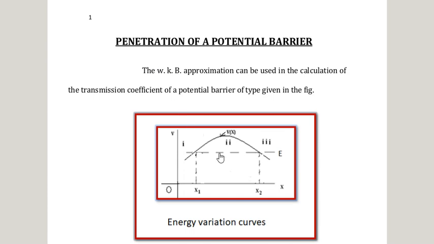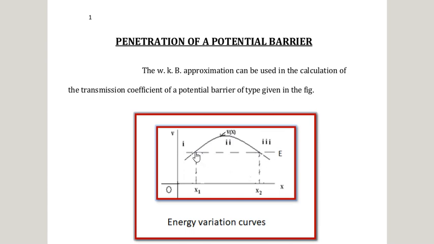So we consider a potential barrier of such type of variation as given in the figure. Our potential barrier has three regions: first region, second region and third region. This is the variation of total energy with respect to distance, and this is the variation of potential energy with respect to distance.